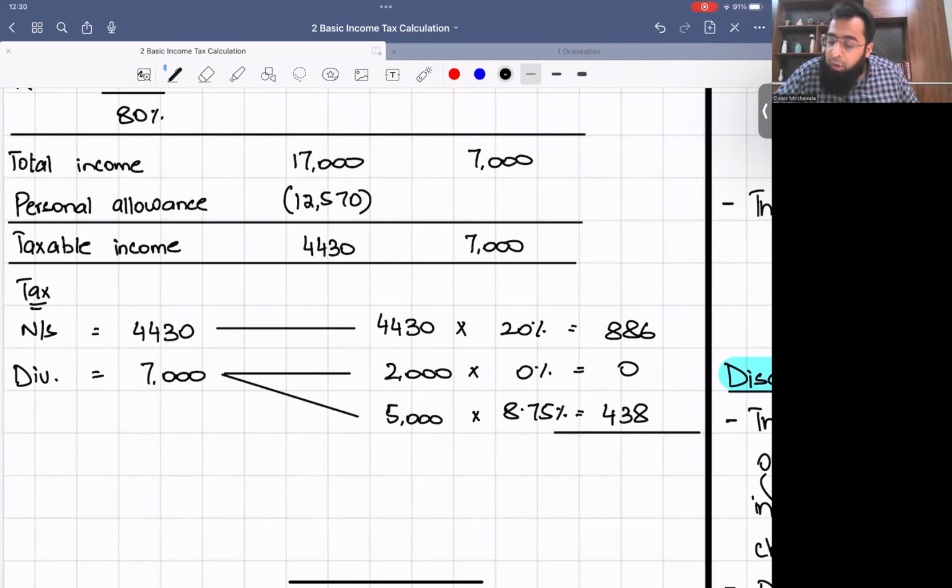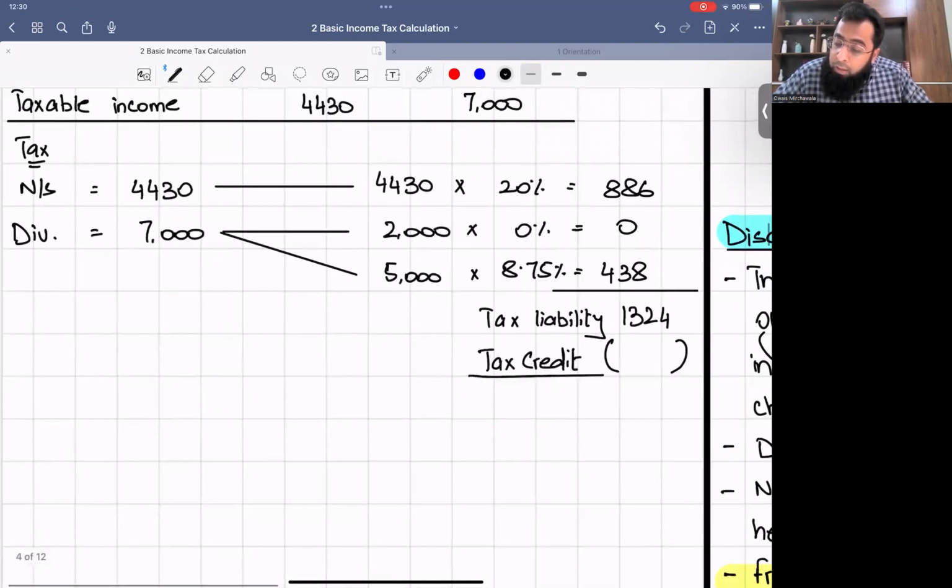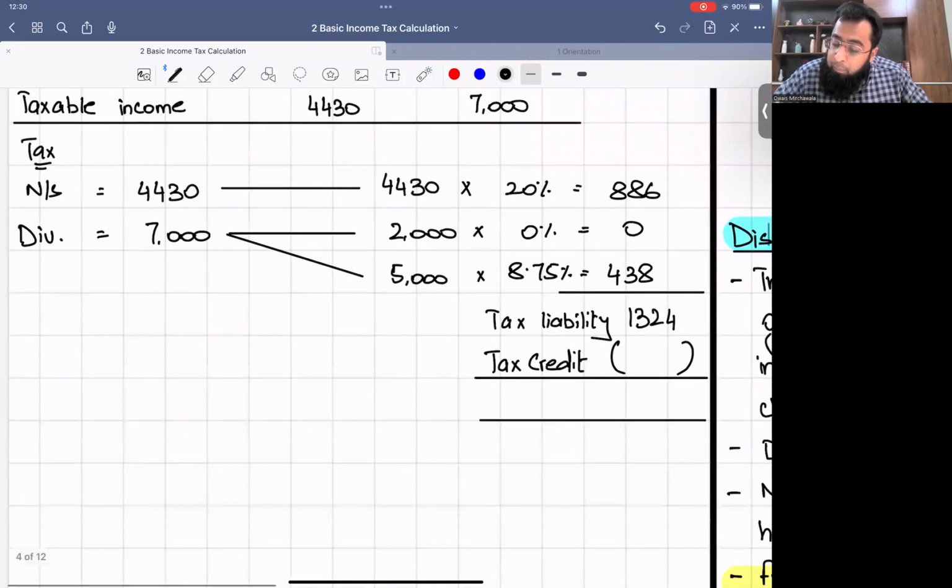If I add up both of them, this gives me the tax liability, and that will be 886 plus 438. So it's 1,324. We will adjust the tax credit, the advanced tax, to arrive at the value of tax payable.